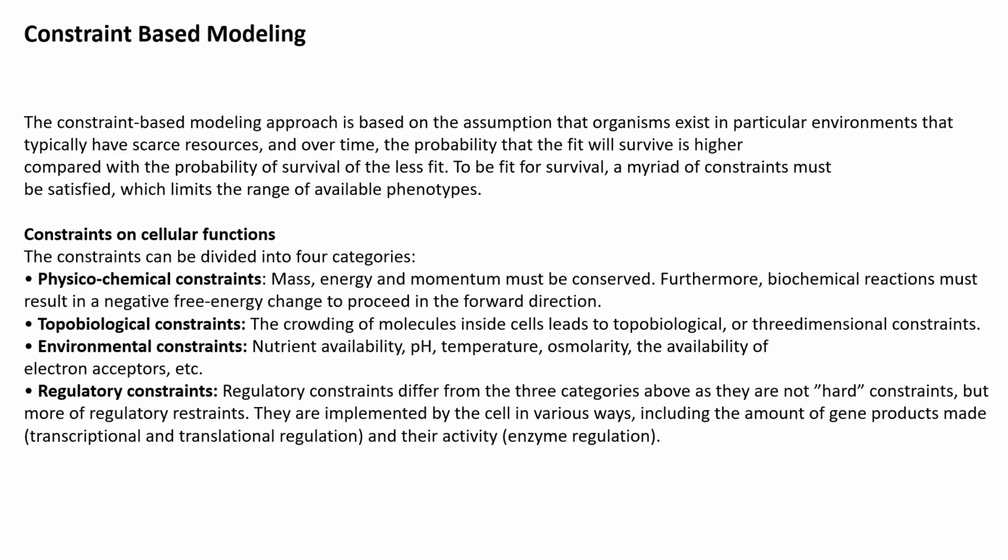So, to be fit or to survive, a myriad of constraints must be satisfied, which limits the range of available phenotypes. You will generally have a matrix denoting the metabolic elements involved in the reactions, and you will not have a unique solution.